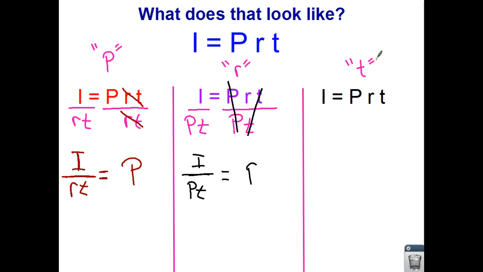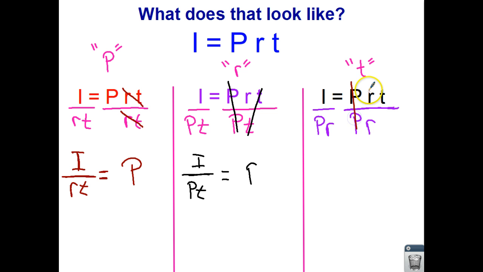Okay, we are back. So if I'm solving for t, I see this being multiplied by this p and the r. That means I need to get rid of the p and the r. The opposite of multiplying is dividing. Let's look at our cancellations.